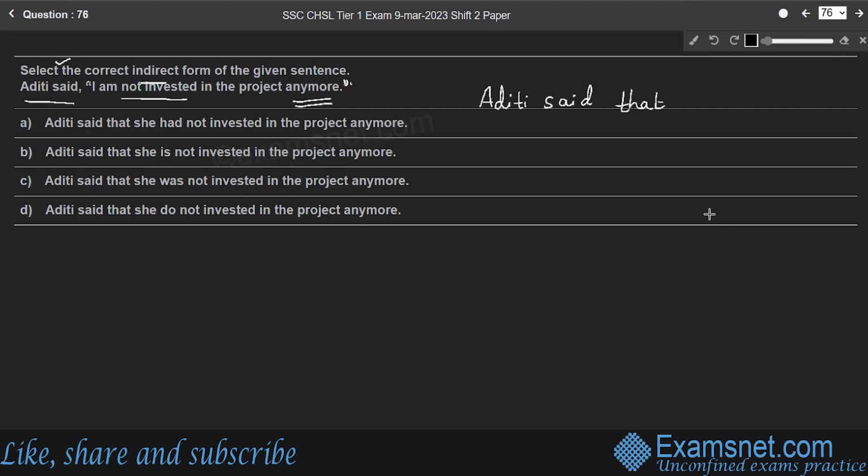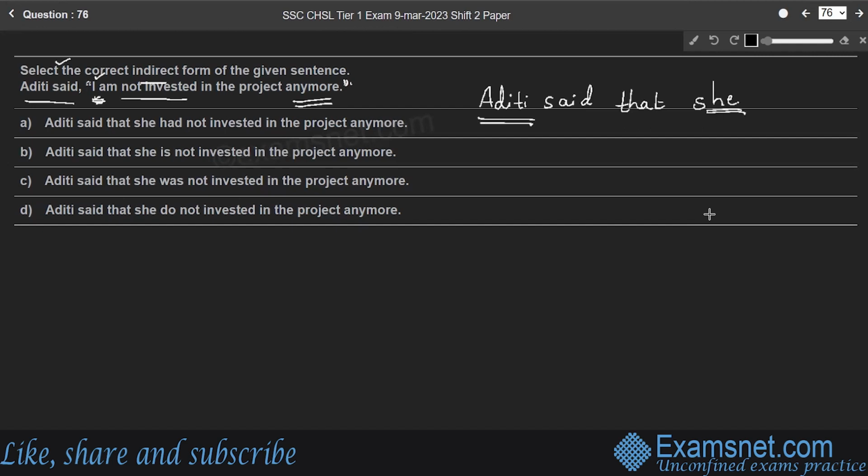The pronoun I is changed to the third person pronoun. Here the third person pronoun for I is she, because Aditi is a female. Because we are reporting someone else's words here, in place of I, we introduce she, the third person pronoun.